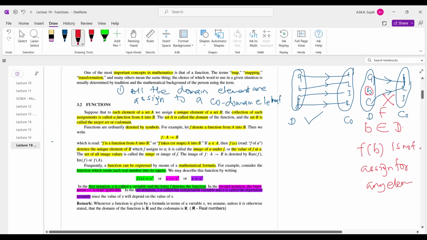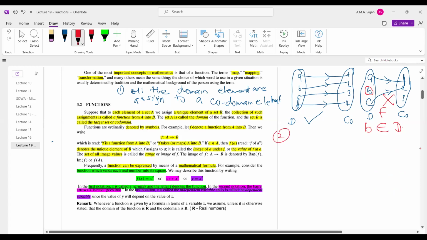If any element is missing an assignment in the codomain, we can say that is not a function. That is the first important point.